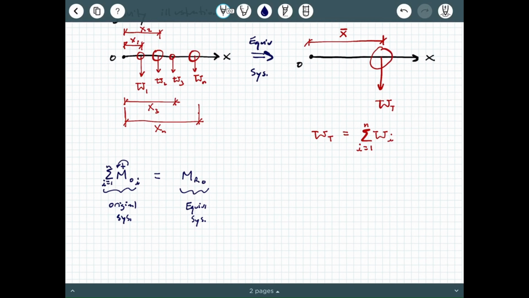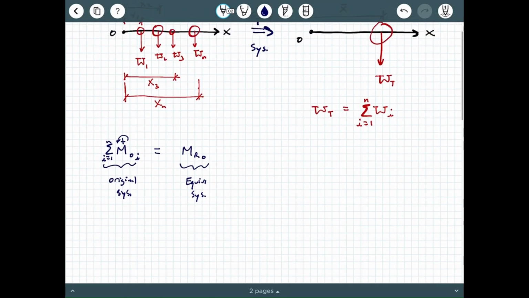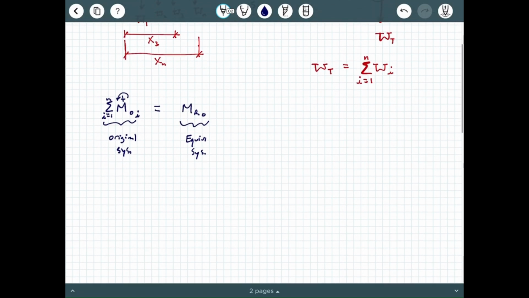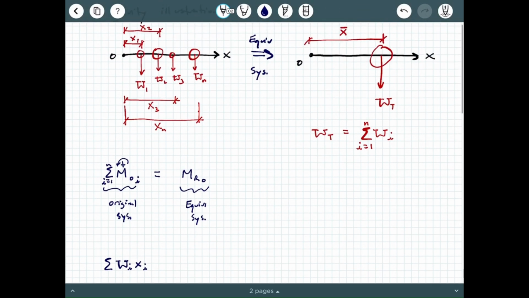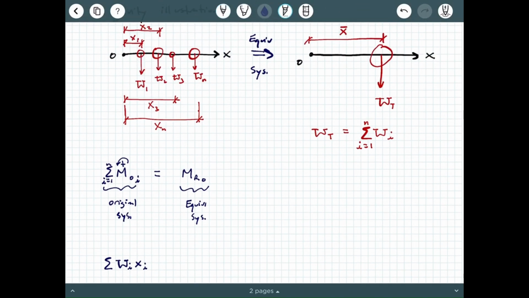So how can we write this all out? If we look at the left side of that equation, we're saying that's the same thing as the sum of W sub I times X sub I, because that's W1 times X1 plus W2 times X2 plus W3 times X3, so on and so forth.